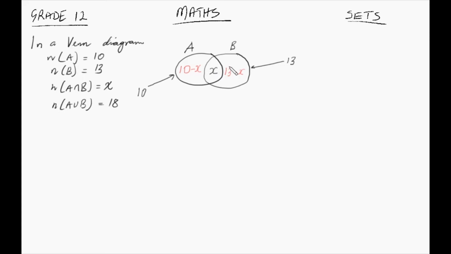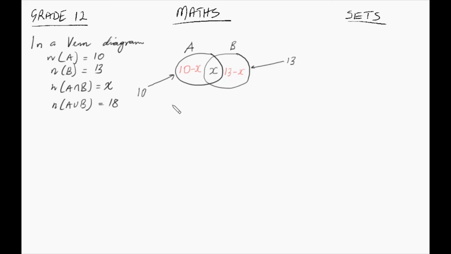This should be clear. So now I just wanted us to have a glimpse of what happens here, in terms of the given information. Now let's come here. n of A union B equals 18, which means when you add this plus this, you get 18.